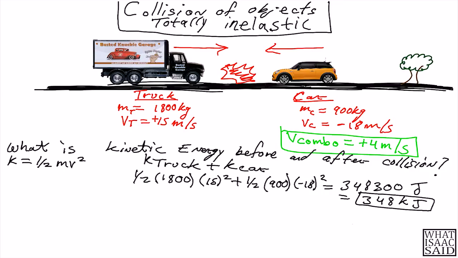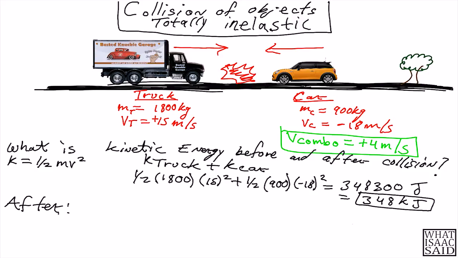Now, what is the kinetic energy after the collision? After, notice that now we don't have both masses independent from each other, but we have a combined mass, and we also have a combined velocity.